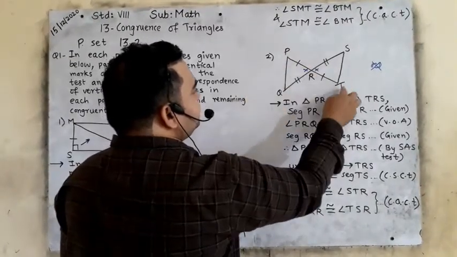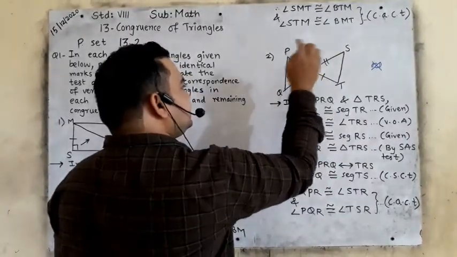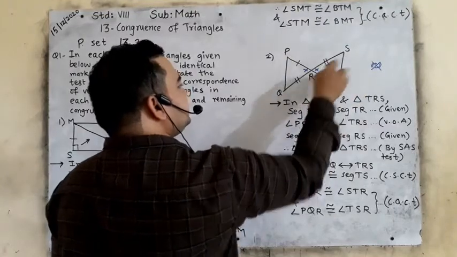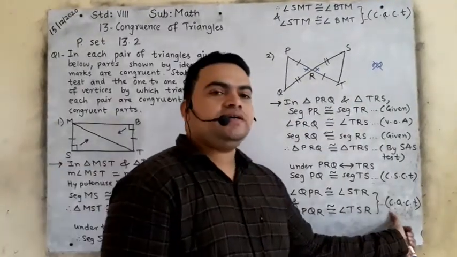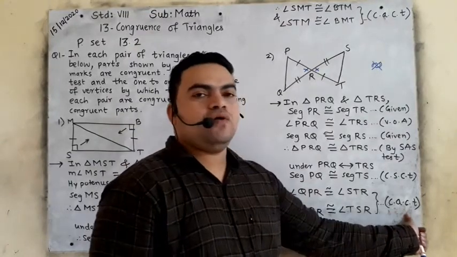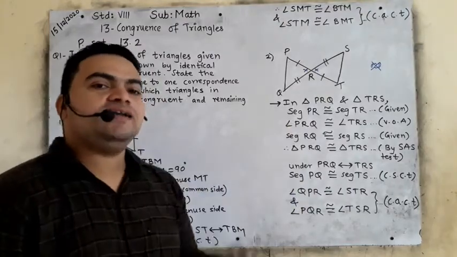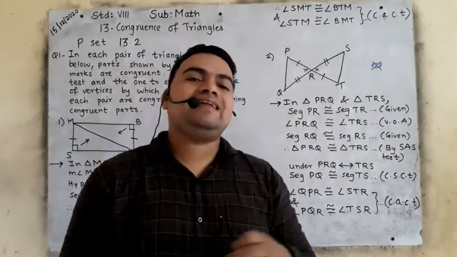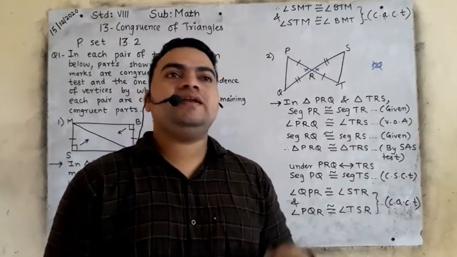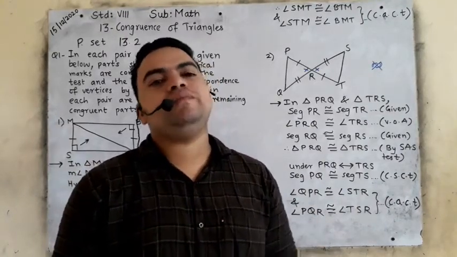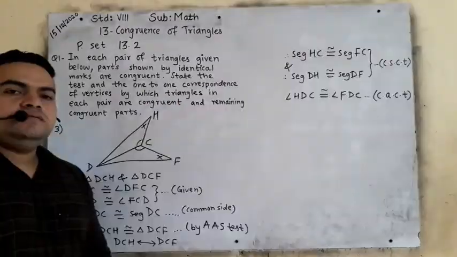One line starts, so you will start from TSR. They will be congruent to each other. Why? Because corresponding angles of congruent triangles are congruent to each other. When two triangles are congruent, their remaining corresponding sides will also be congruent and the remaining corresponding angles will also be congruent to each other. I hope you understood my explanation.